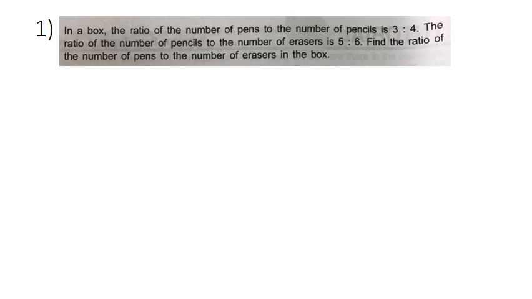So just by looking at the first sentence, we can tell that pens to pencils gives a ratio of 3 to 4. Okay, and if we were to compare pencils to erasers, the ratio is 5 to 6.